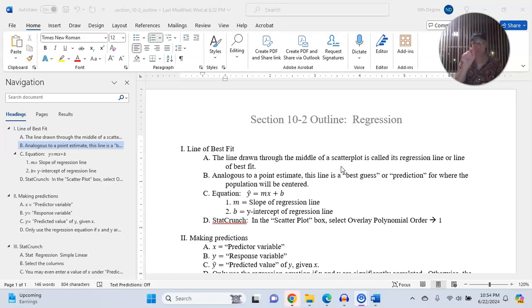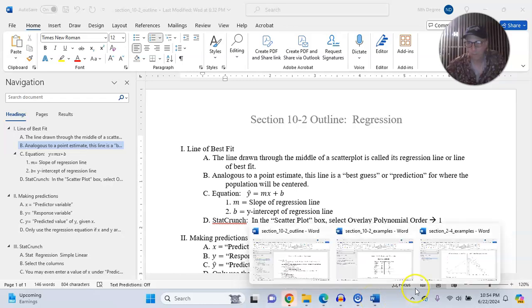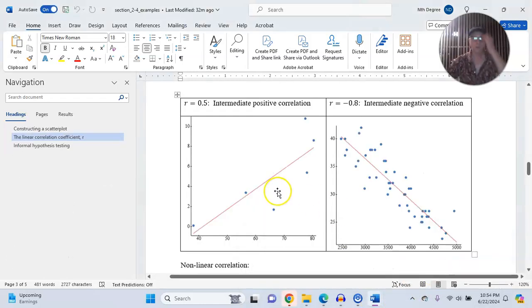There was a point estimate in the middle, and then there was a plus or minus margin of error from there to the left or right on the number line. Now, since these problems are inherently two-dimensional, our point estimate is no longer a point, but it's this line. So our best guess is this line, and then these points are falling within a plus or minus margin of error above or below that line.